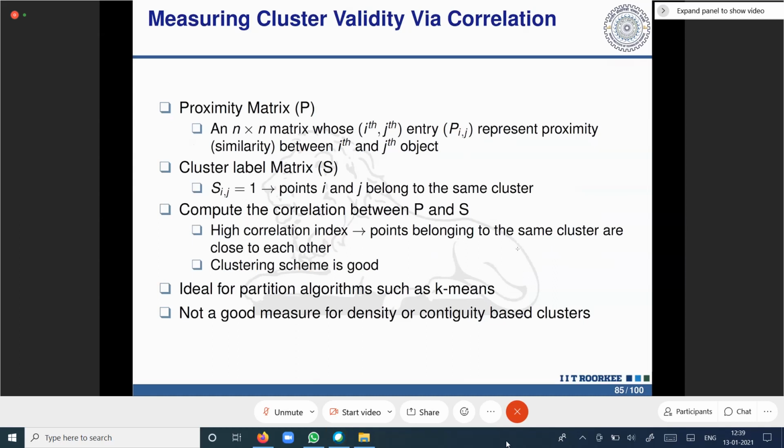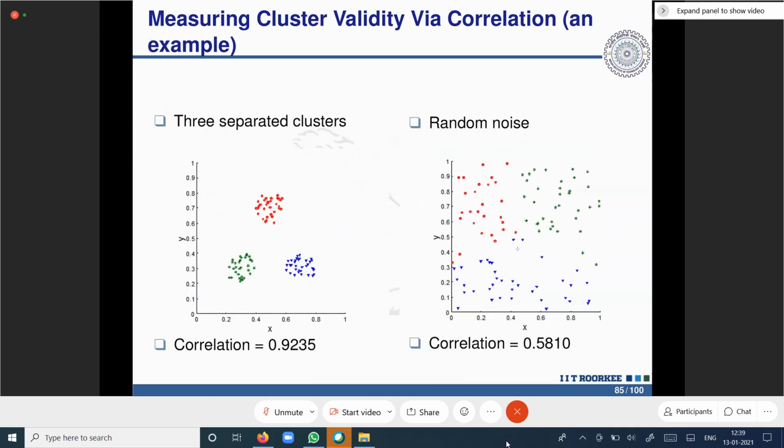So it is ideal for partitional algorithms such as k-means, because only in those cases do we have a cluster label matrix S, which shows each point belonging to one and only one cluster. But it is not good for density or contiguity based clusters.